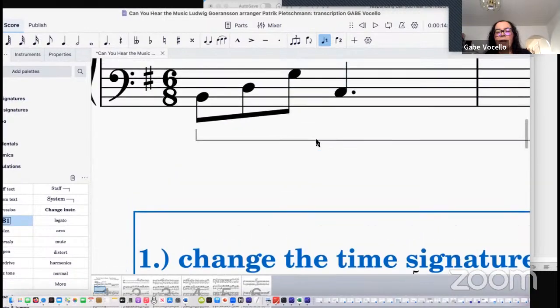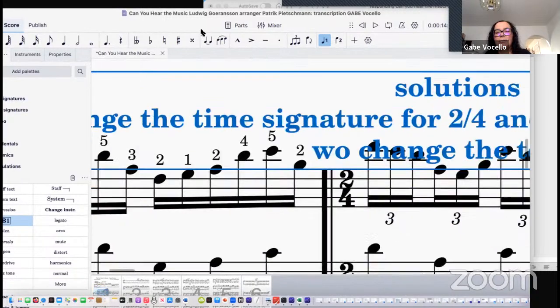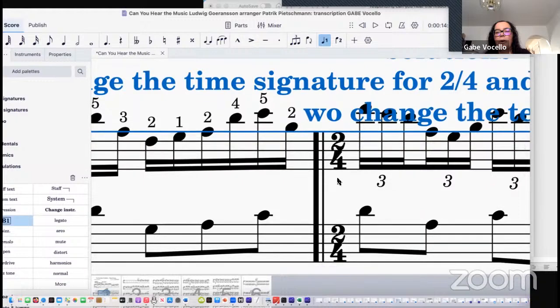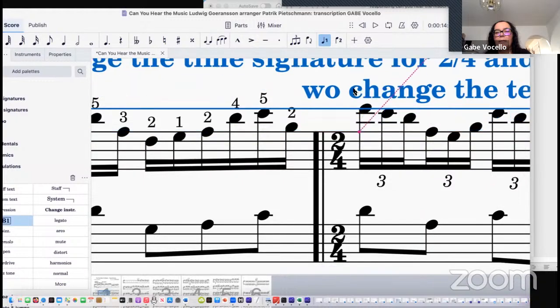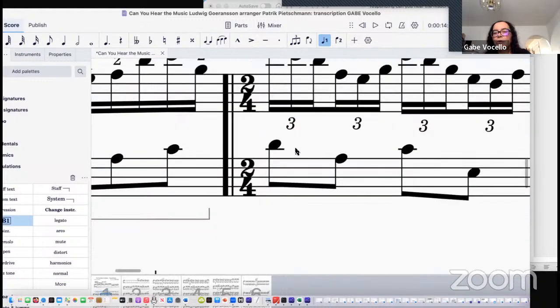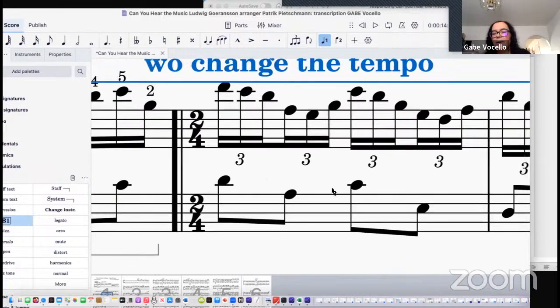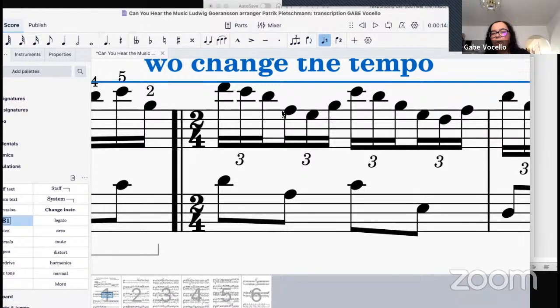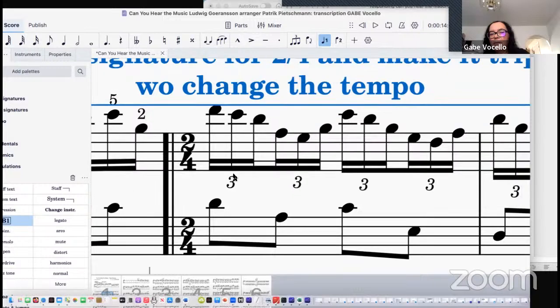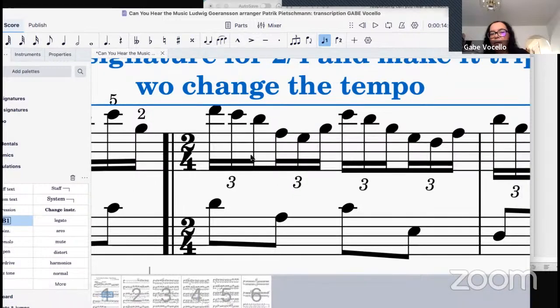Now I have a change of time signature here. 2.4. But in this 2.4 remain the 4/8 note. So 1, 2, 3, 4. How many 16th notes? 12.